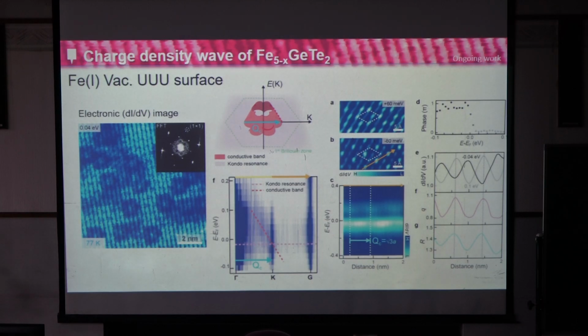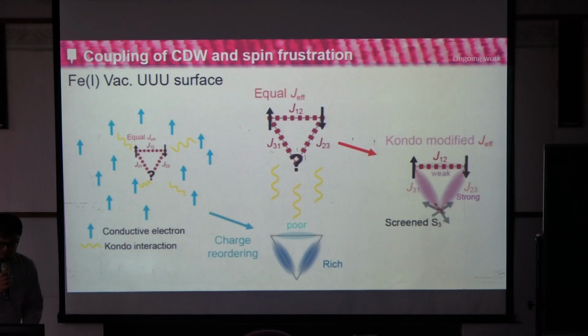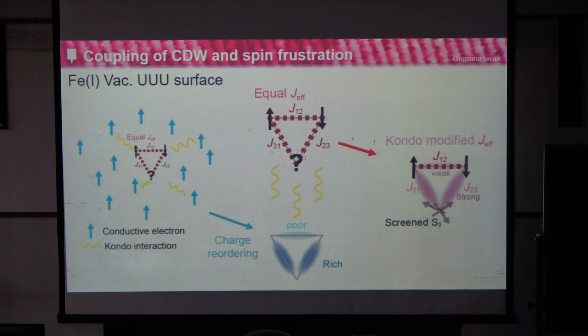So we have these two pieces of information. These two pieces of information let us explain how to prevent or reduce the spin frustration in this material. So when the charge reordering occurs on this triangular lattice, we can consider two sites are charge rich and one site is charge poor.